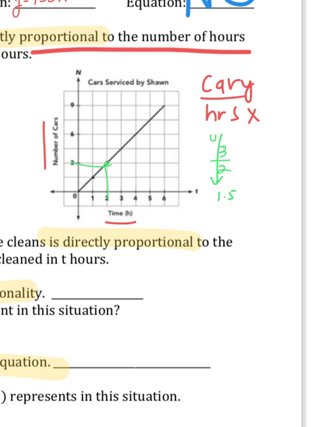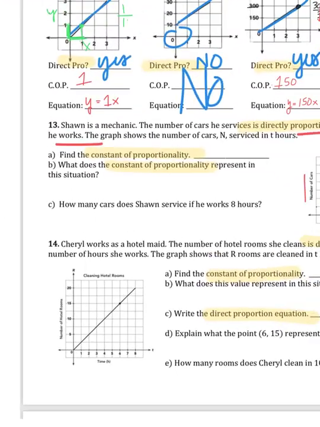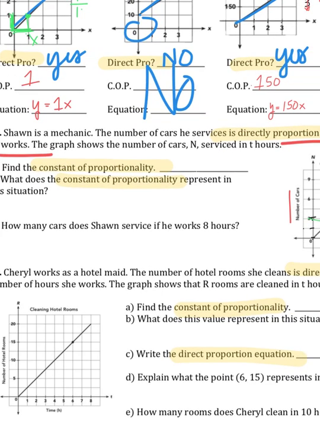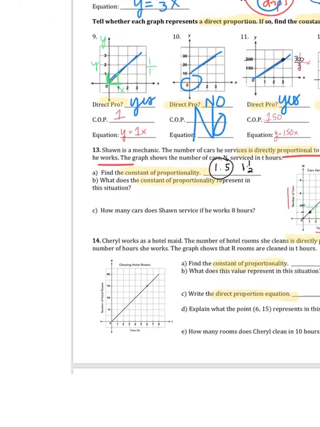If I look right here, that intersects between 1 and 3, so that'd be at 1.5. All right, so let's go back over here. So find the constant. 1.5. Either one is the constant, but let's keep it at 1.5.